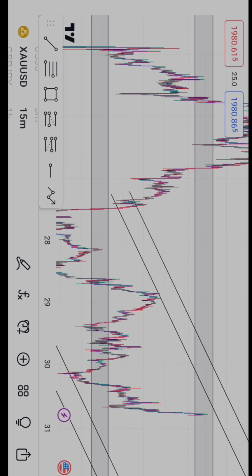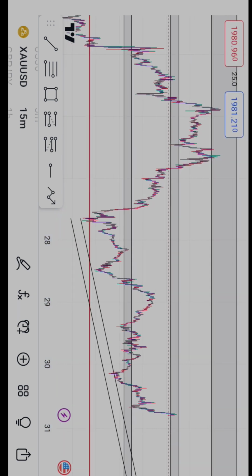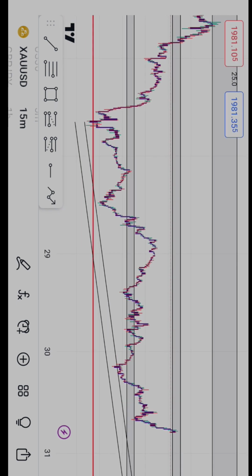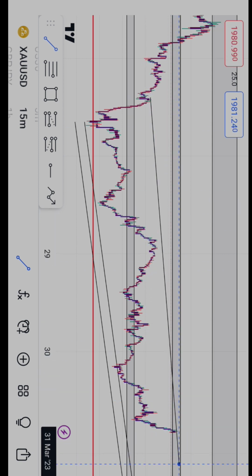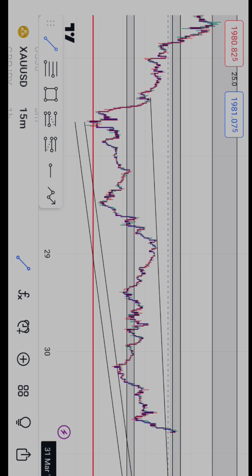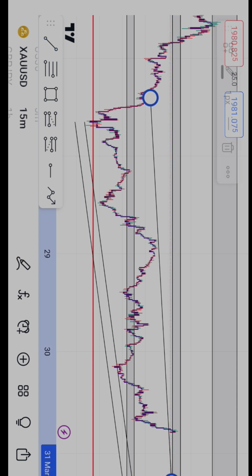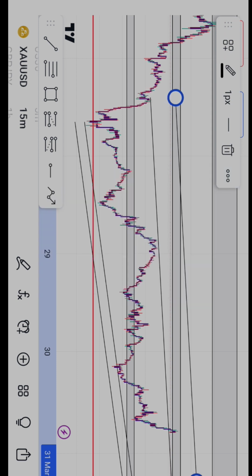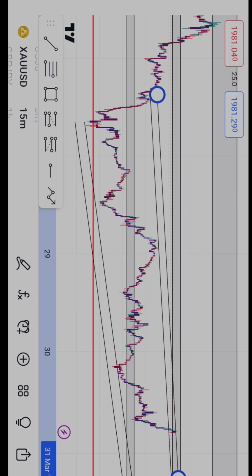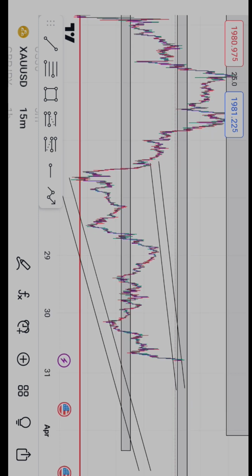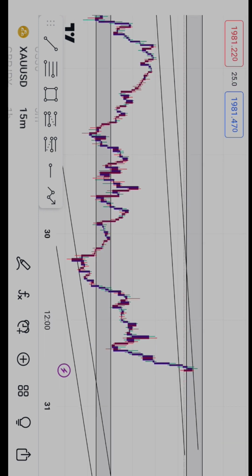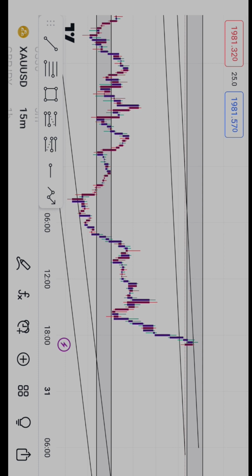If we were to put these trend lines precisely, then I would have put it here, and you will see why I think price is actually at a resistance.